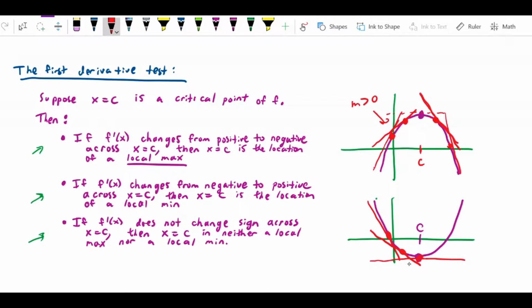That gives us the critical point because the derivative is 0, and then as we cross over to the right of c, we see the derivative becomes positive again. So that's the situation that you see here, where the derivative is changing from negative to positive, and that's the telltale sign of a local min.